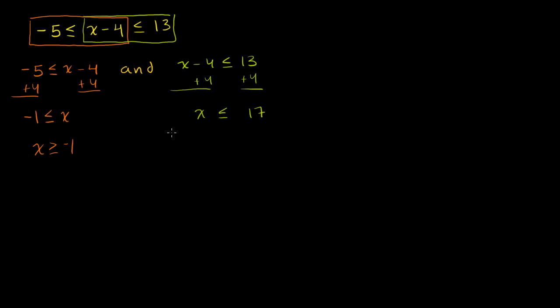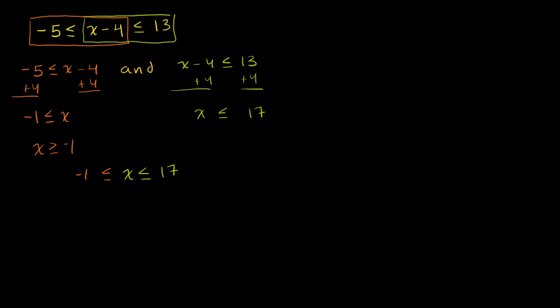So our two conditions: x has to be greater than or equal to -1, and less than or equal to 17. So we could write this, again, as a compound inequality if we want. We can say that the solution set, x has to be less than or equal to 17, and greater than or equal to -1. It has to satisfy both of these conditions.